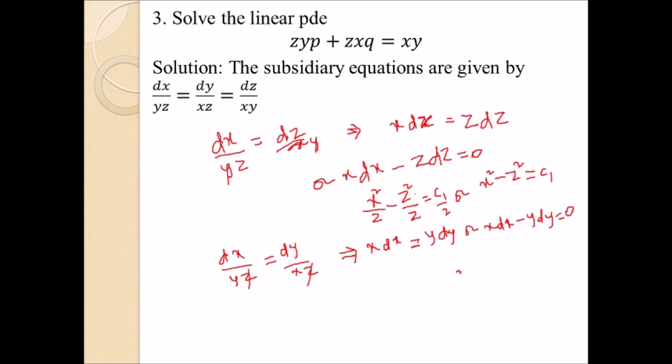So on integrating we get here x square minus y square is equal to c2.